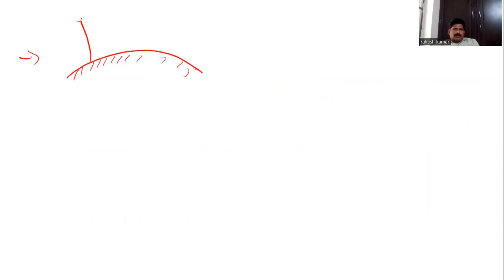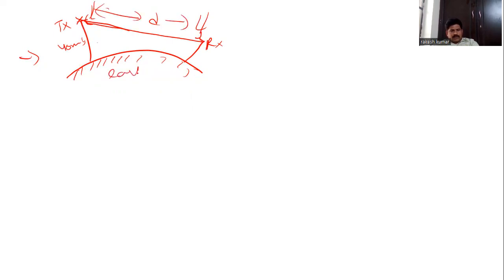So this is my transmitting antenna, HT, it is 40 meters. And this is my receiving antenna, RX. You want to calculate this line of sight distance D. Already you have derived the formula for line of sight.